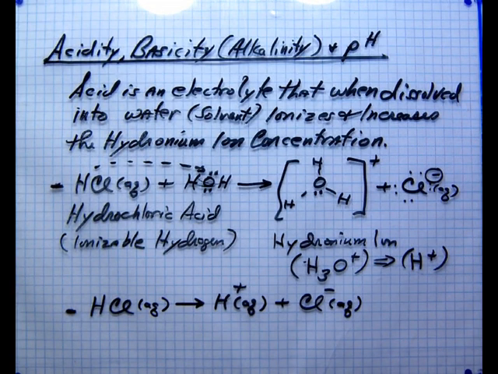Now there's another theory known as the Lewis theory, which is based upon the idea of electron pair donation and positive centers for receiving electron pairs. And so the acid-base theory could be applied that way. It doesn't matter which theory you use as long as it serves the purpose of defining what you're doing.